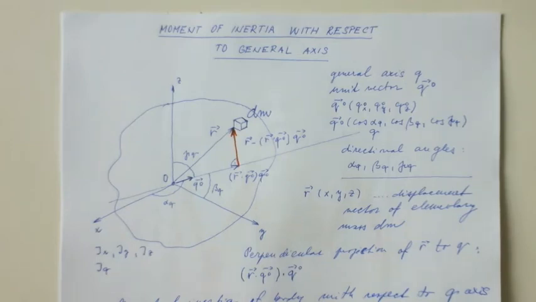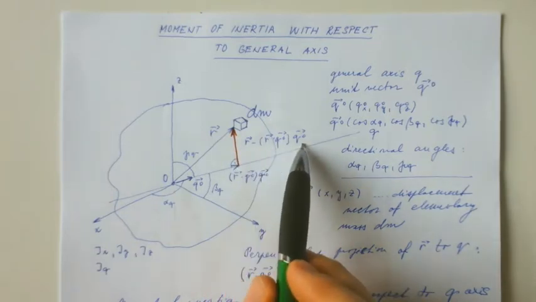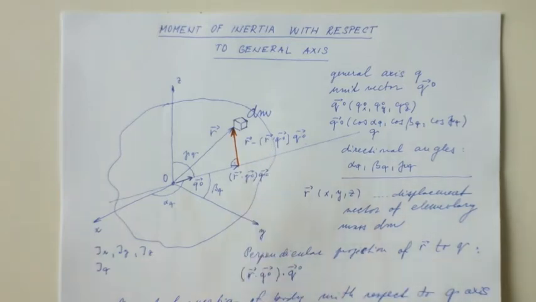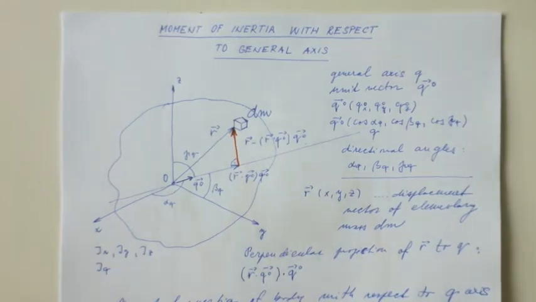It is the integral over m of the square of this vector, so (r minus (r dot q0) q0) squared dm. It is the same definition as in previous cases: the moment of inertia is the integral of the pointing vector, the displacement vector, squared, dm.